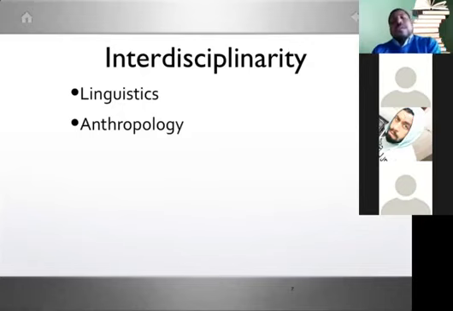And so applied linguistics and anthropology share a number of things, namely research methods. Now, one of the main research methods that applied linguists borrow from anthropologists is, of course, ethnography. Okay, ethnography, the research method that is based on living with the subjects that you study.